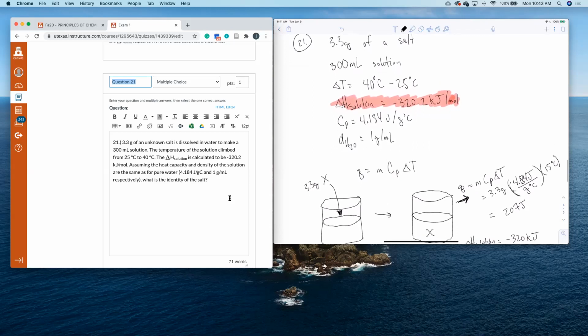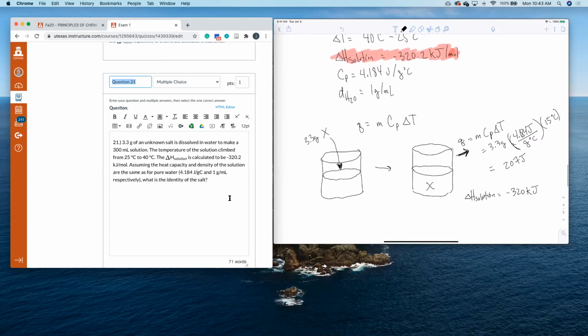It climbed to 40, so you know it heated up. So this makes sense. Okay, so we could put a negative sign on that if we wanted to.